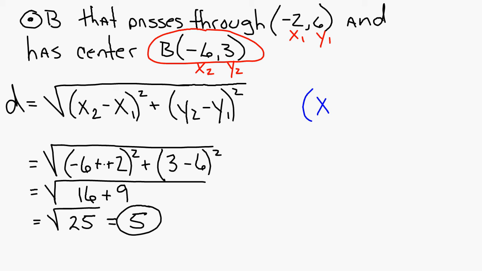Yeah, it's opposite. Remember the center goes here, x plus 6 squared plus the letter y and the opposite of your y value, minus 3, squared equals 5 squared, which is 25.